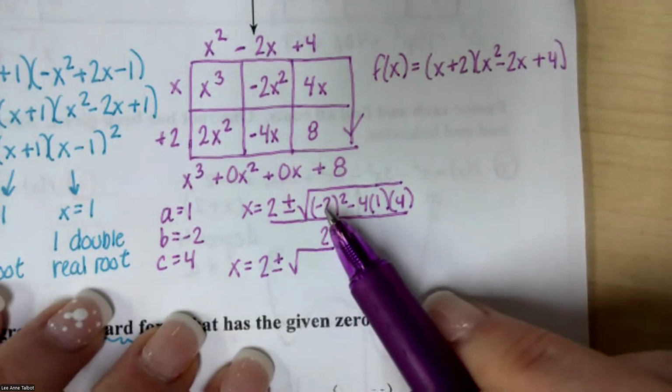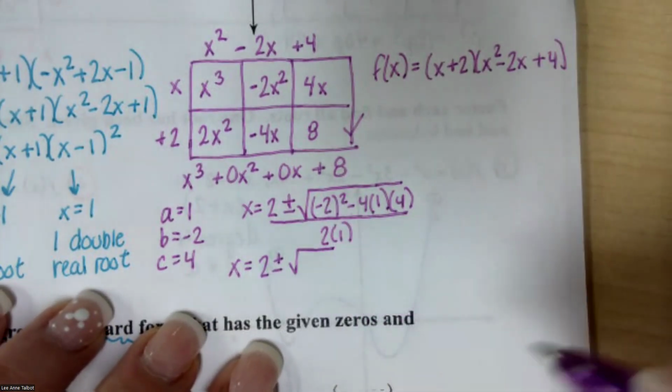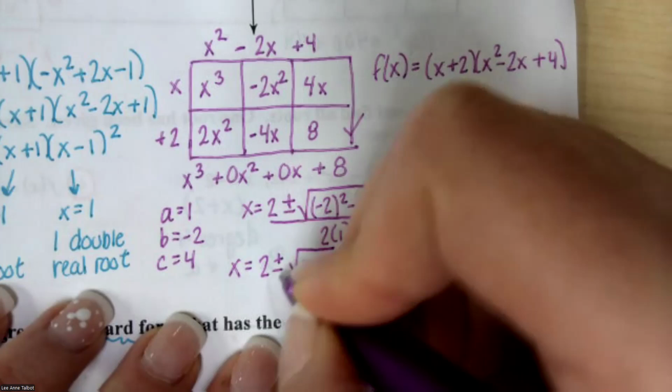Okay, so this is 4 minus 16, which is -12.